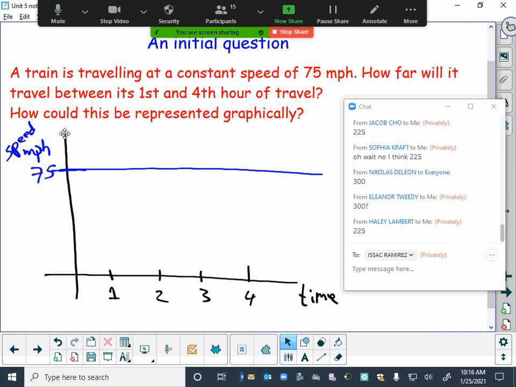And we went from hour 1 to hour 4. So now my question is, where is 225 on that graph?